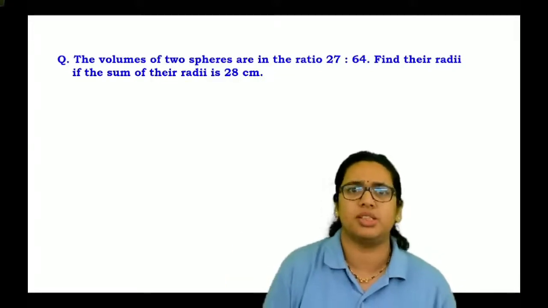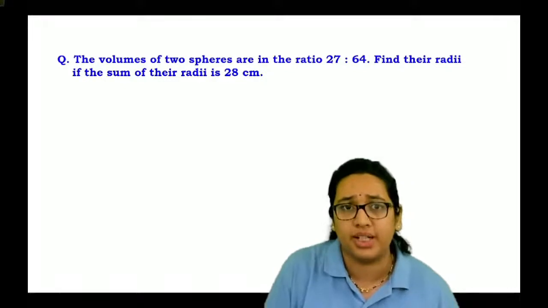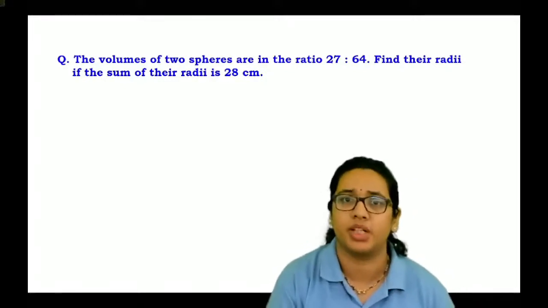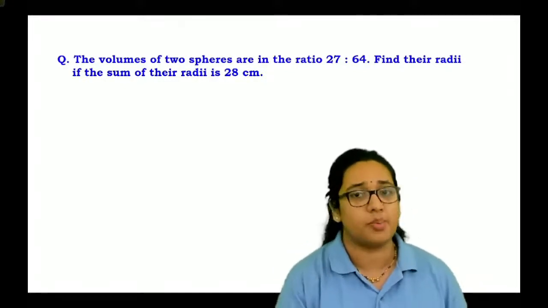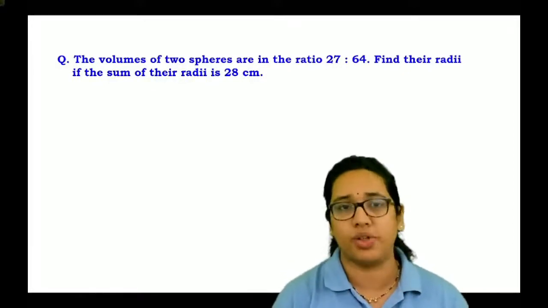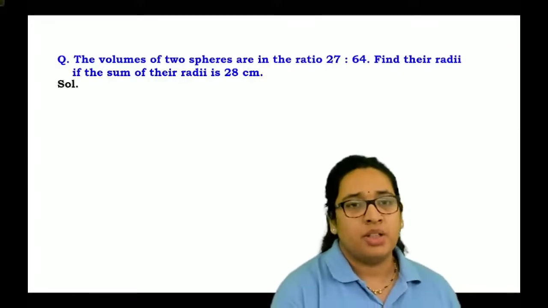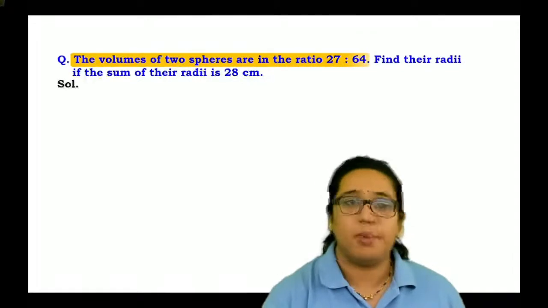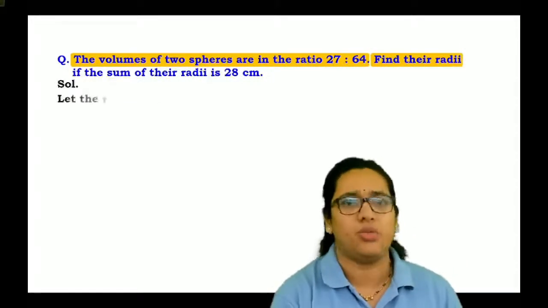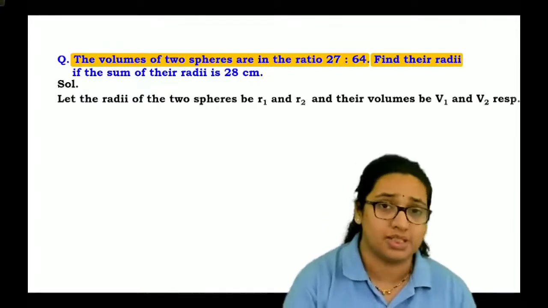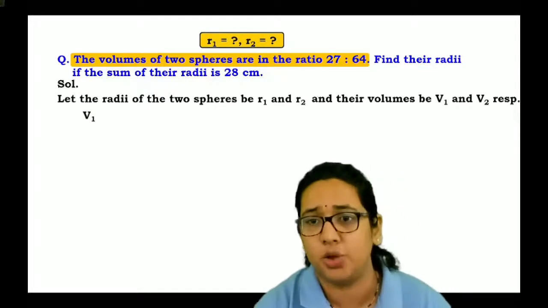So you have to find the radii, मतलब आपको R1 और R2 की value find out करनी है. Okay, so there is something about volume of a sphere, and we know that volume of a sphere is 4/3 pi r cube.